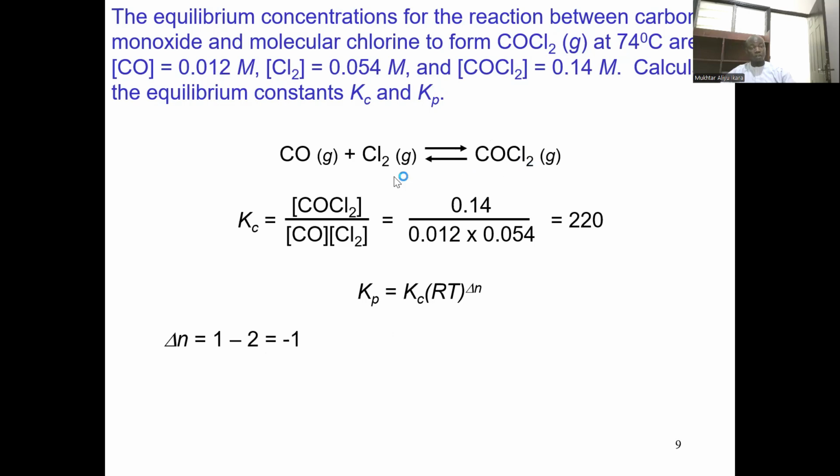The reactant is 2, because we have 1 molecule of carbon monoxide here and 1 molecule of chlorine here. Our product is only 1 mole. So we say 1 minus 2, and that's why we arrive at minus 1.